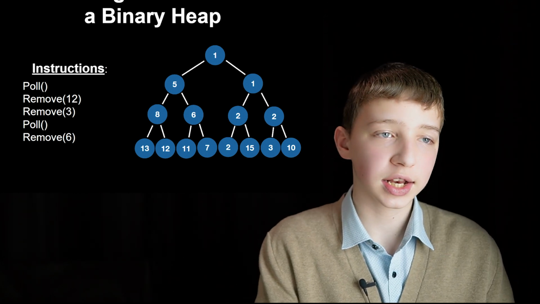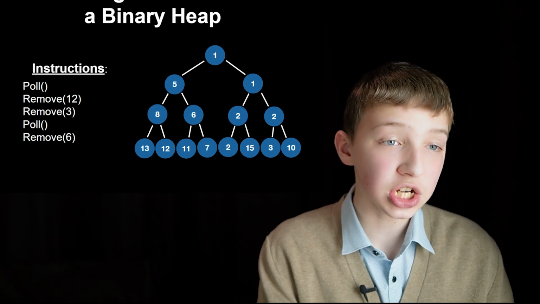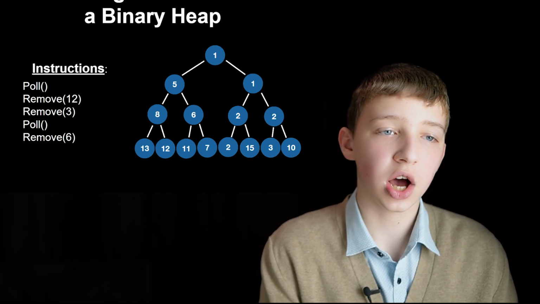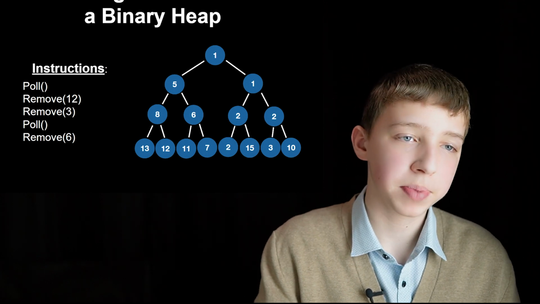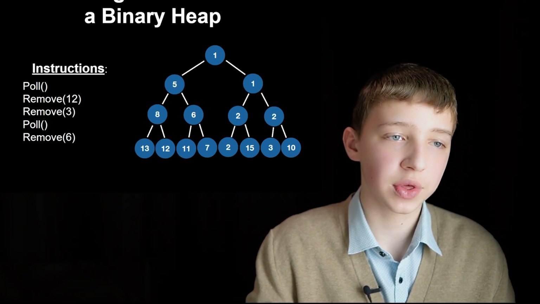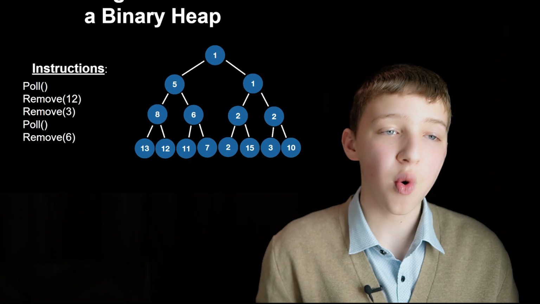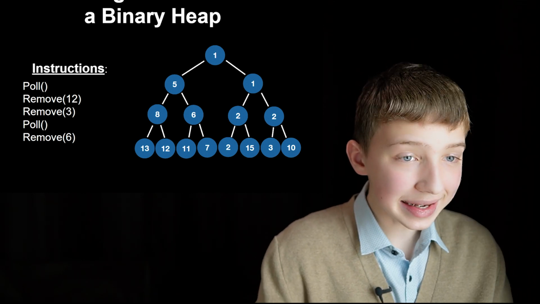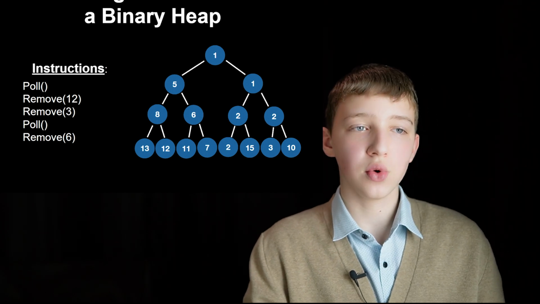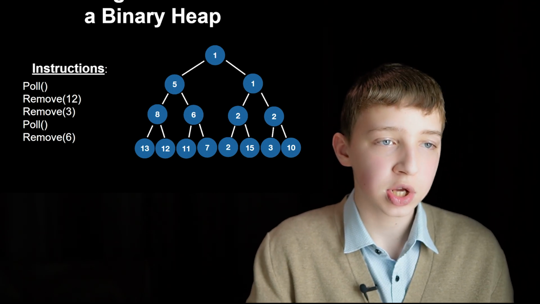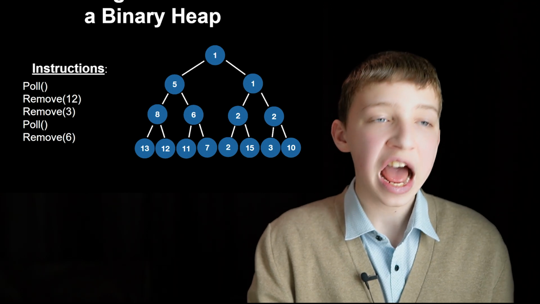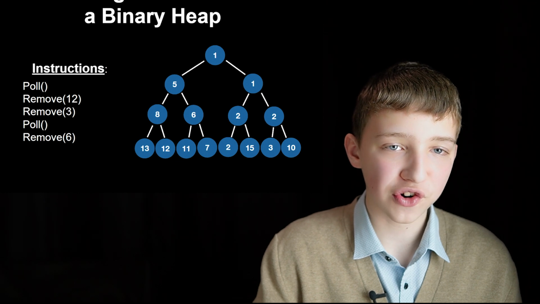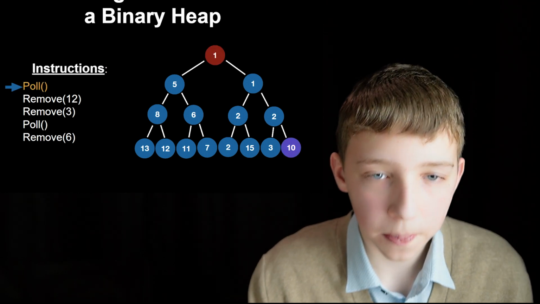We don't need to find its position in the array, because in the implementations based on arrays, not on the unordered list, the index of the root node is always 0. That is the very first node in the array. Okay, now let's look at the first instruction, that is to pull.